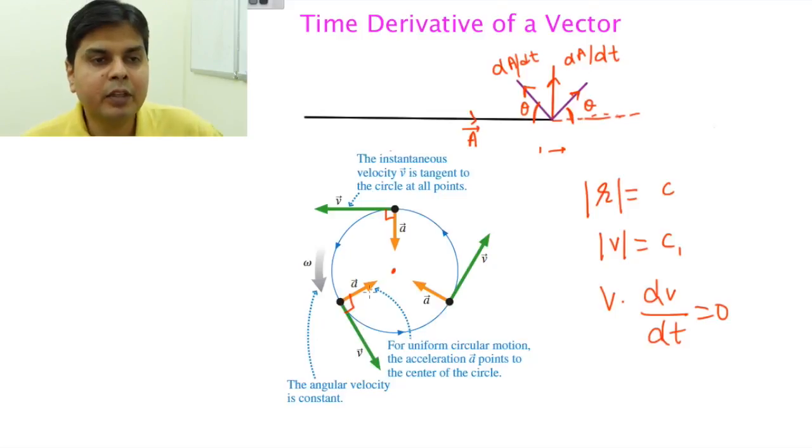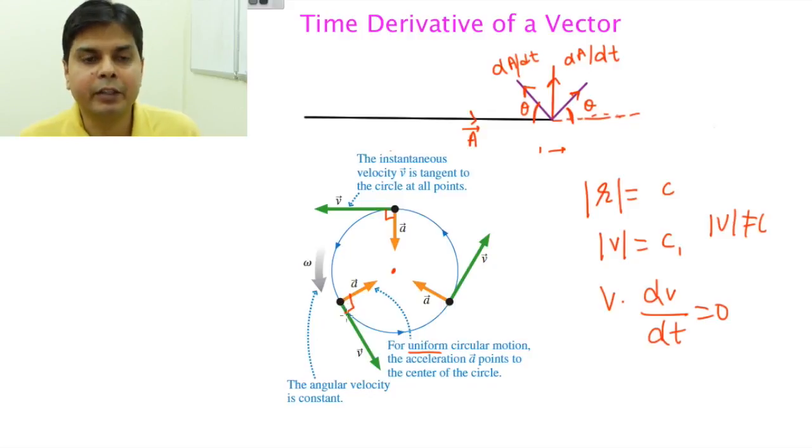So you see what happens, the instantaneous velocity is tangent to the circle at all points. Why? Because mod r is equal to c, the radius is constant. Similarly, for uniform circular motion, mark the word uniform, if the circular motion is not uniform, that is, if the velocity mod v is not equal to constant, it is changing, in that case your total acceleration will be in a different direction, not in this perpendicular direction.